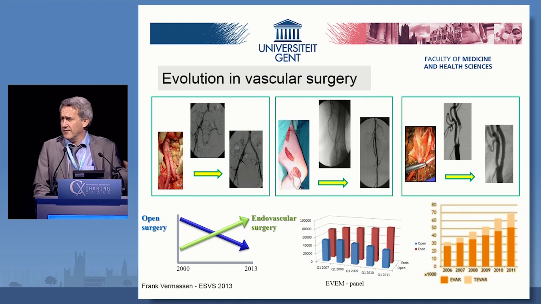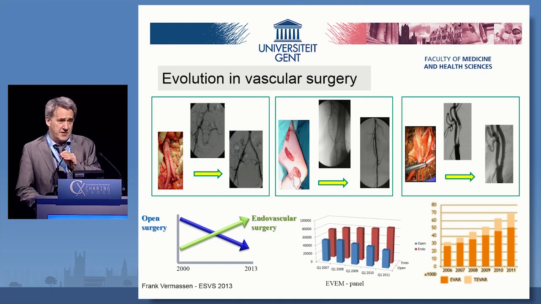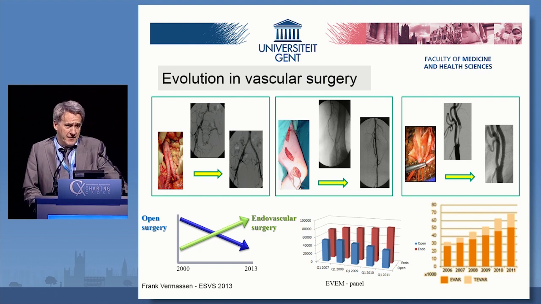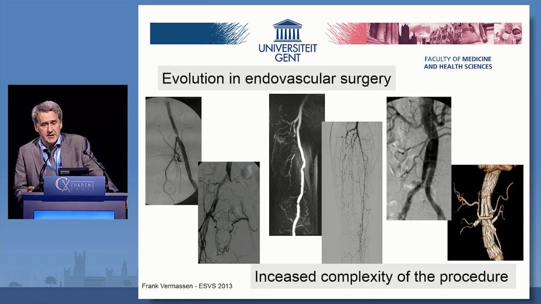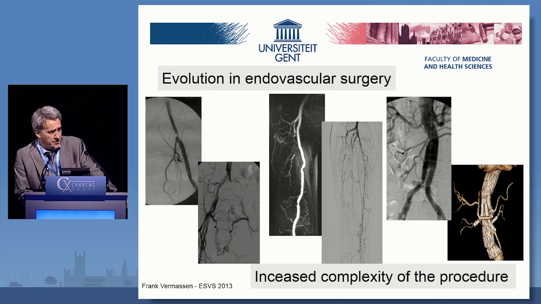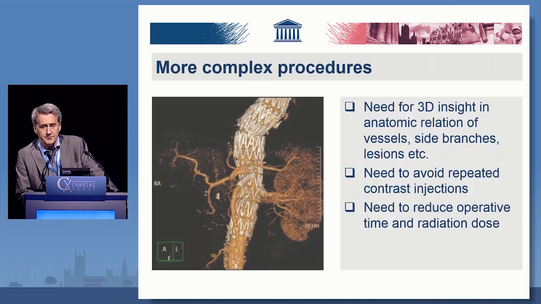Everybody will agree that vascular surgery has known a tremendous evolution during the last 2 or 3 decades, with endovascular therapy taking over open vascular procedures in many fields. And even in the endovascular field, a great step has been taken and big evolution has taken place, so that instead of the very simple procedures that were performed in the beginning, now more and more complex procedures are being undertaken.